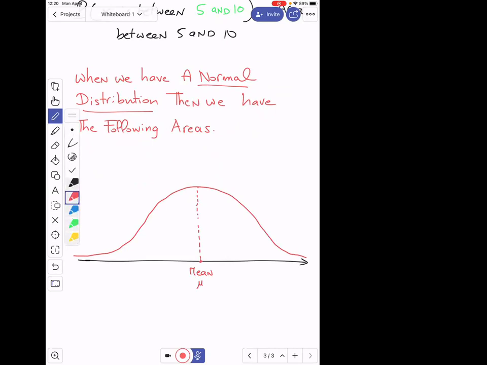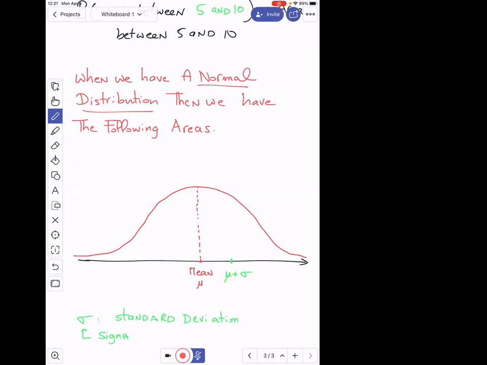Now, if you take the mean plus the standard deviation, sigma, lowercase sigma, that's your standard deviation. Here we are using sigma instead of s because this is a population standard deviation, not a sample standard deviation.